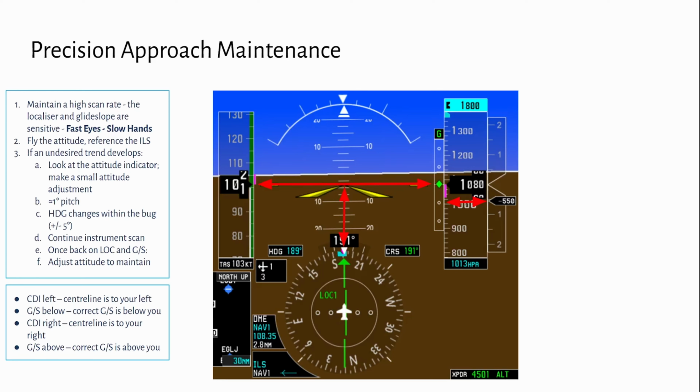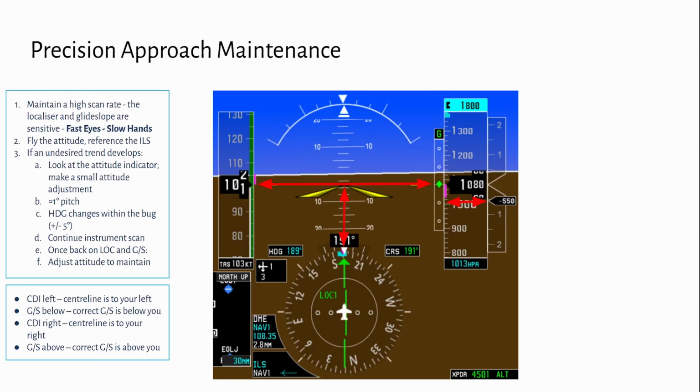So this is the course we need to set on our CDI in order to maintain the localiser. The platform altitude is this box here, 1,800 feet, and the descent will begin at 4.7 nautical miles. Airport elevation 263 and the runway elevation is 258.